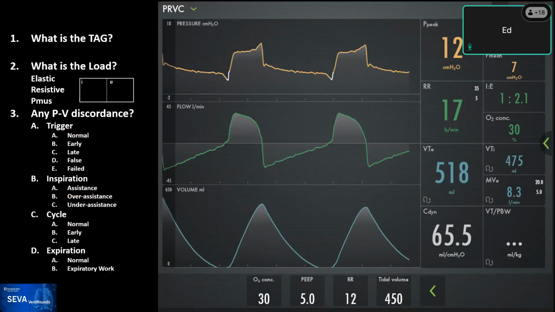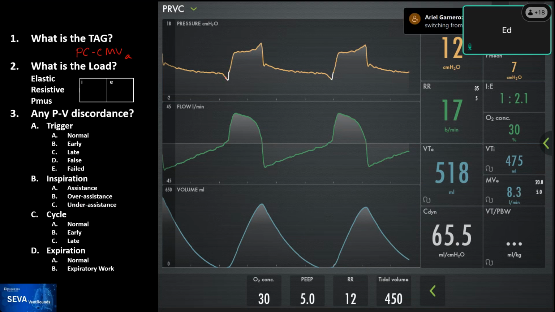So what's the tag for this mode for this patient? Yeah, excellent. Good job. So PC-CMVs. So they changed from volume control to pressure control.